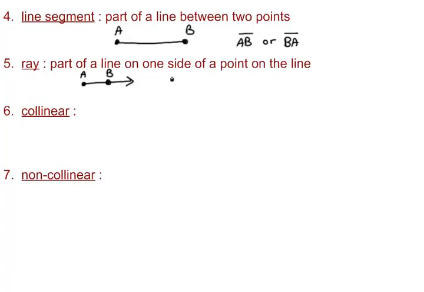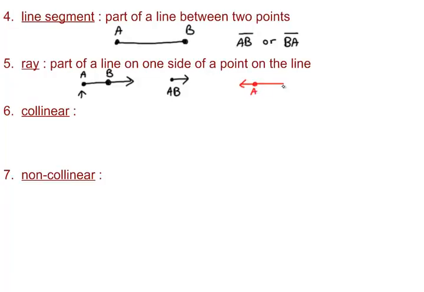Here's the important part for labeling. When we label a ray, we always have to start with the end point. So here my end point is A, so I got ray AB. I cannot have ray BA in this case. Now let's say I draw another ray, but this time I'm going in this direction.